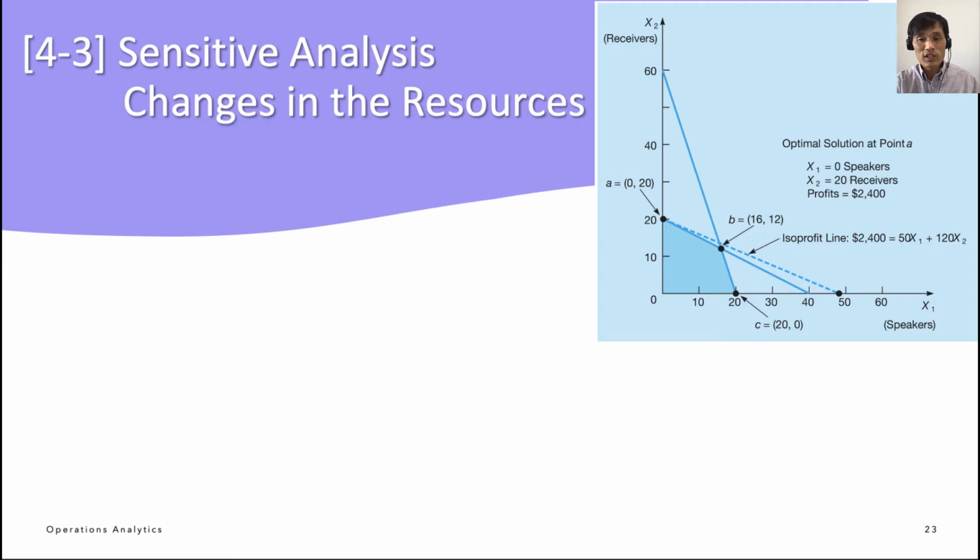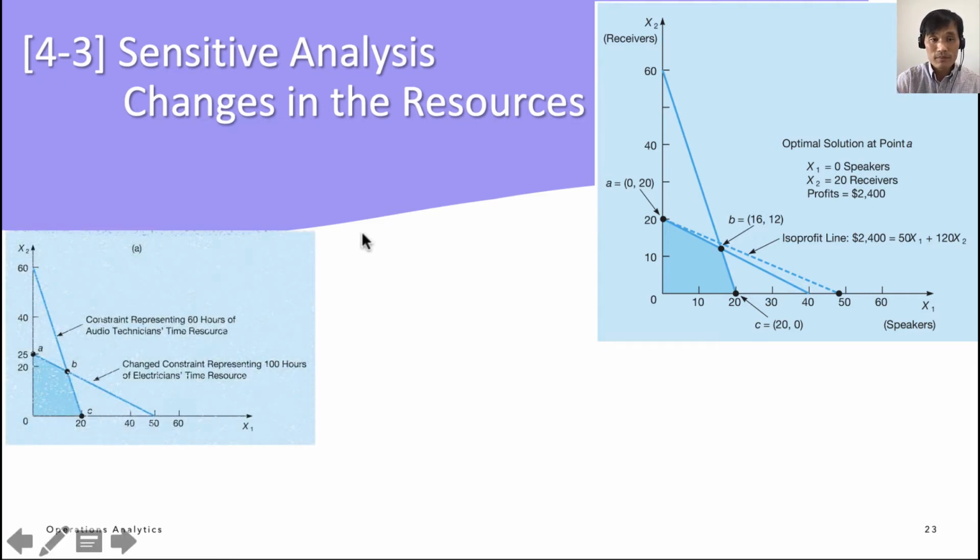If the available electrician's hours are increased to 100 hours, then the new optimal solution is 0.25 rather than 0.20.